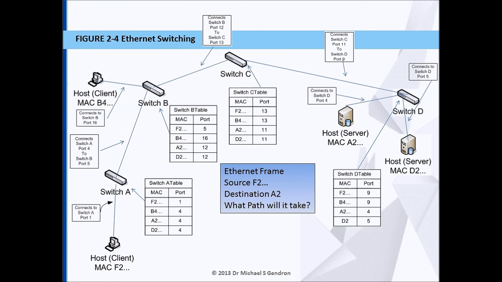Switch D knows that F2 and B4 are connected somewhere out port 9, and that's because port 9 is what connects switch D back to switch C port 11. But it also knows that it has two devices that are connected to ports 4 and 5. That's A2 and D2 respectively.